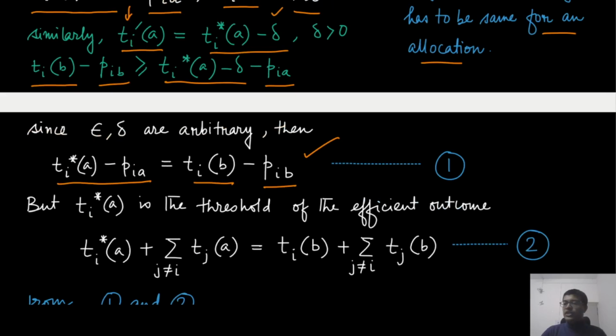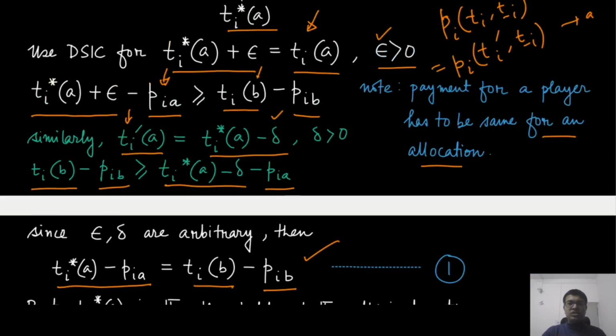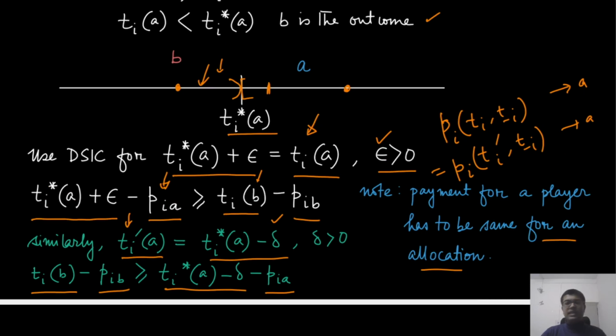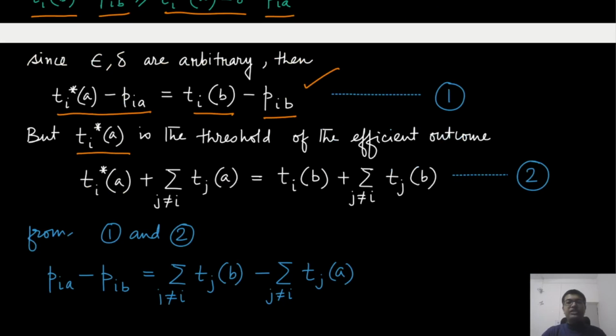Now we also know that Ti star of A is the threshold of this efficient outcome. Anything above Ti star of A, the efficient outcome gives A. If it is below that, the efficient outcome becomes B. So at that point, the sum of the valuations must be the same.